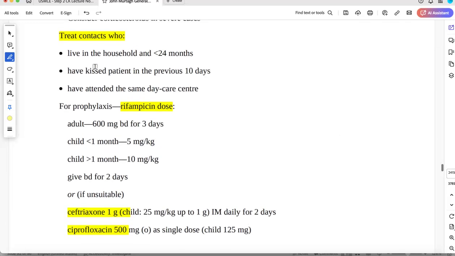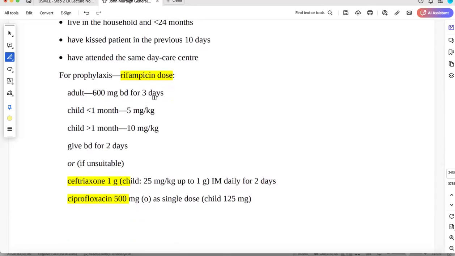So the contact who needs treatment is living in the same household and less than 2-year-old, or has kissed this patient in the last 10 days, or attended the same daycare center. So if any of these is the contact, they will need the treatment. And the treatment for contact is rifampicin.